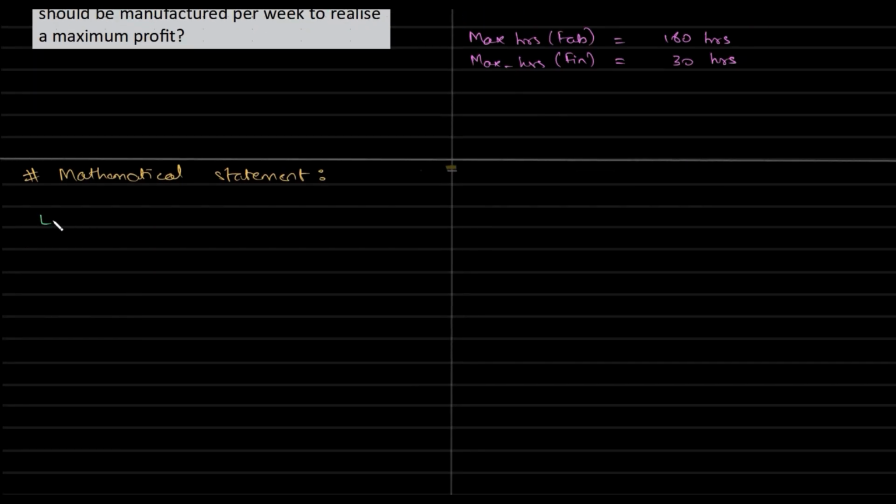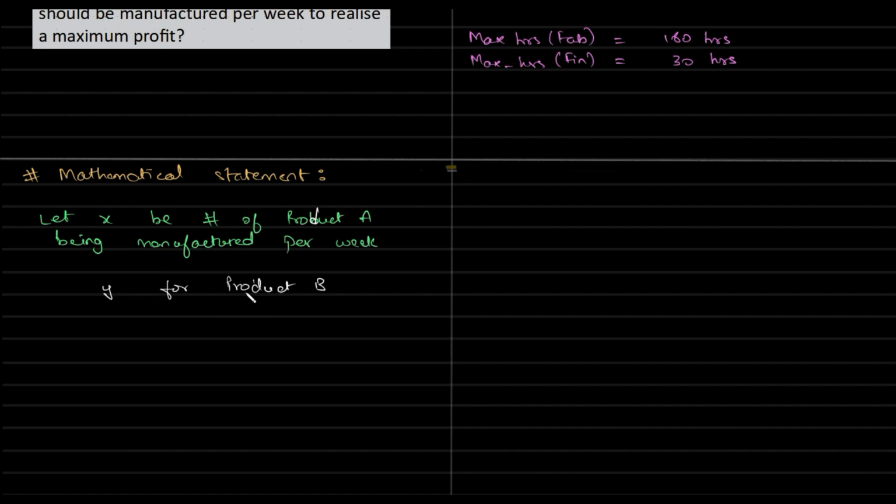First thing is we should say, let x be the number of product A being manufactured per week, and y for product B. Okay, so then we can write the equation.